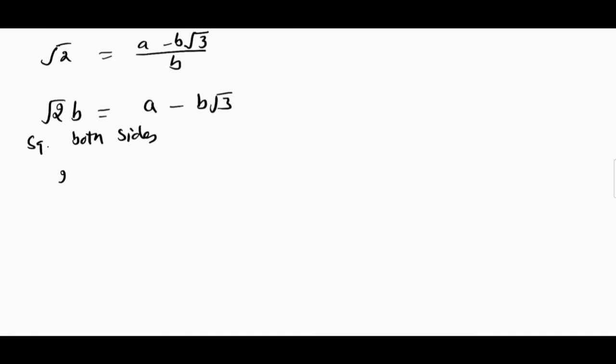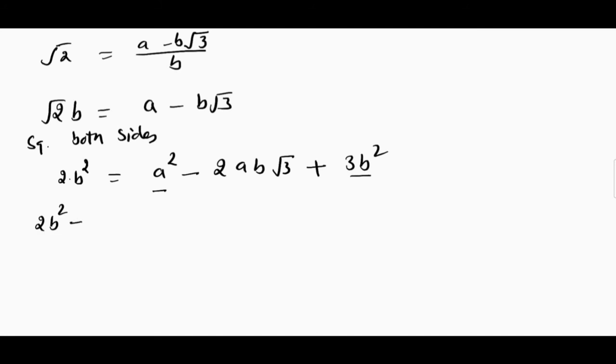Now squaring both sides, we'll get 2 into b square equals a square minus 2ab square root of 3 plus 3b square. Now I'll take this and this that side, so this will become 2b square minus 3b square minus a square equal to minus 2ab square root of 3.